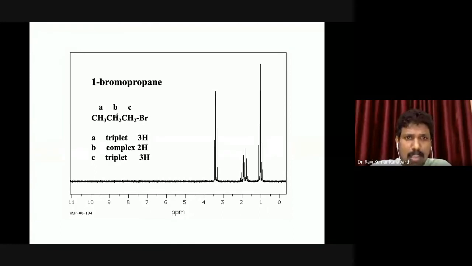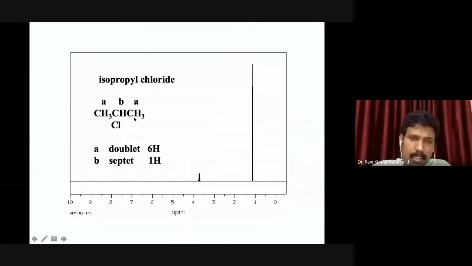So these 2 will resonate at 2 different positions, even though they are both methylene CH2 protons, because one methylene is connected to a heteroatom, the other one is somewhat far from that, and on the other side it is connected to a methyl group. So it will be seen different. So 3 different chemical environments, and then we will see 3 signals.